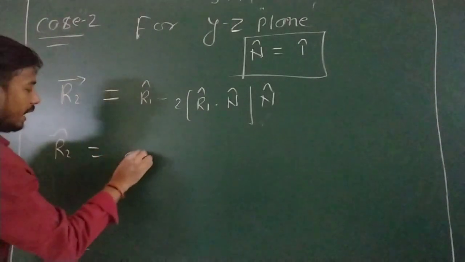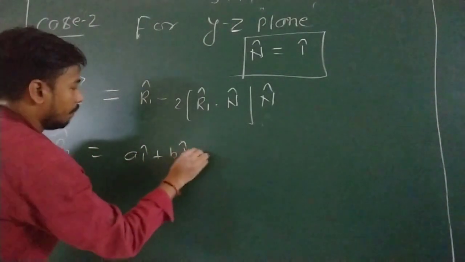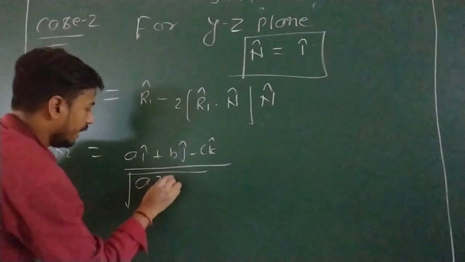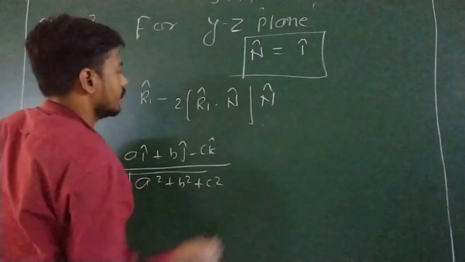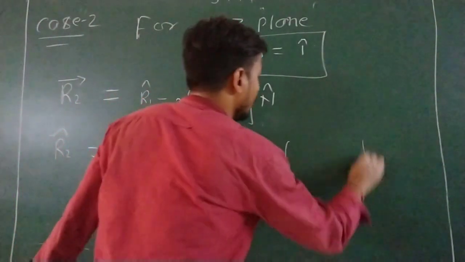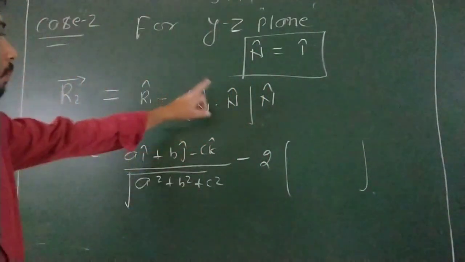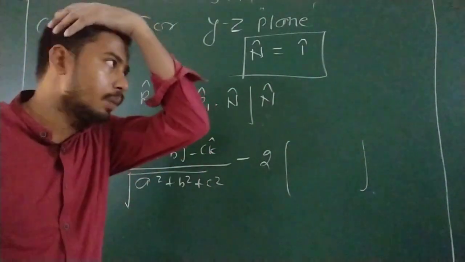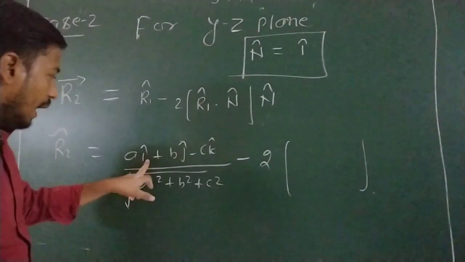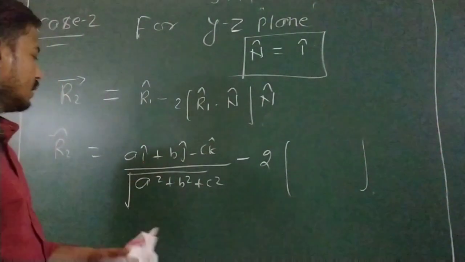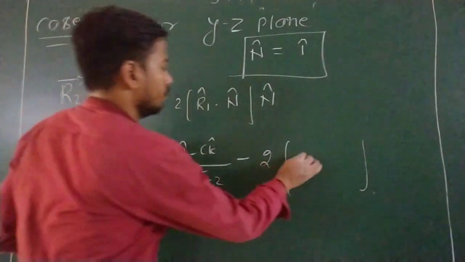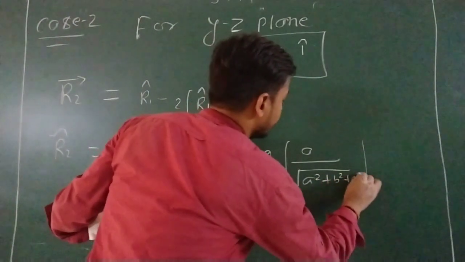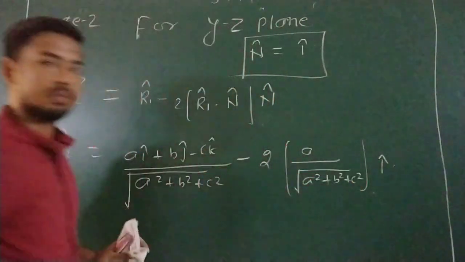So R1 you got it, (A I cap plus B J cap minus C K cap) divided under root A square plus B square plus C square, minus 2 times, and this part we can do directly because of the dot product with I cap. So the result should be only in I cap. The result becomes A by under root A square plus B square plus C square I cap.